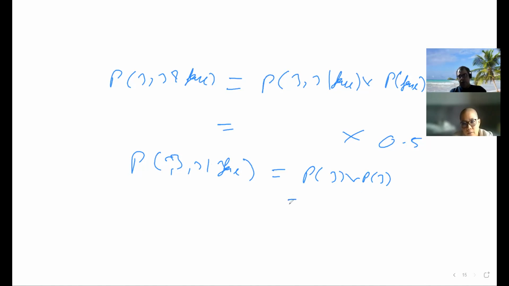What is P3? It's 0.166. So 0.166 into 0.166 is equal to 0.027. I've already calculated this for you, so you can write this 0.027 here.